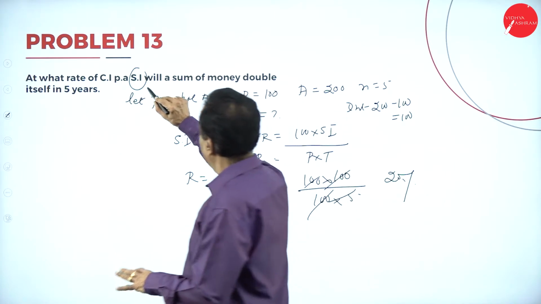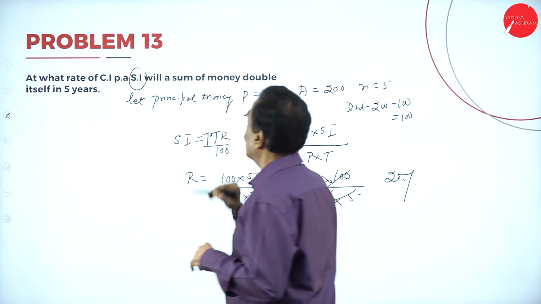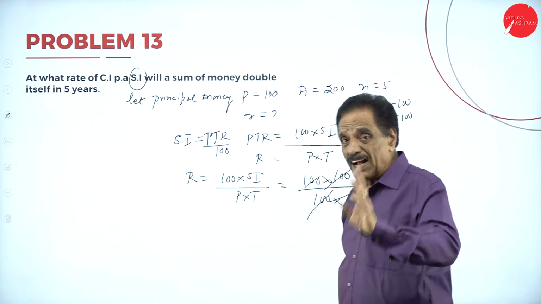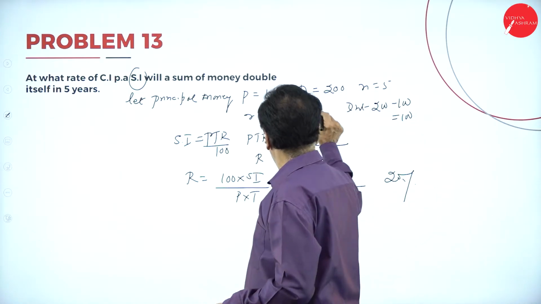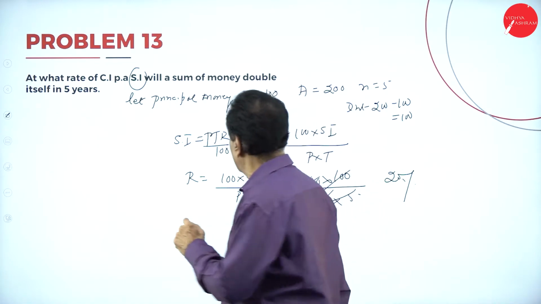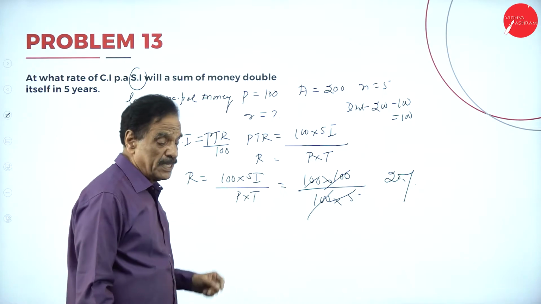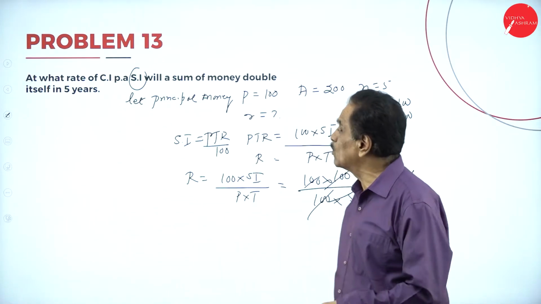When they ask for the rate per annum at which a sum of money doubles, I assume the principal is 100, and double means 200 is the amount. The difference, 100 rupees, is the interest. I apply simple interest equal to PTR over 100, and R is equal to 20%. So we'll move on to the next one.